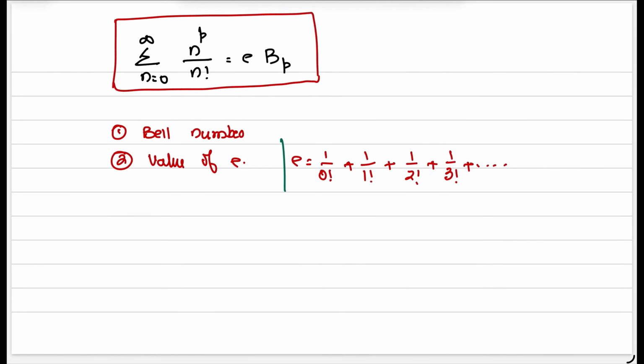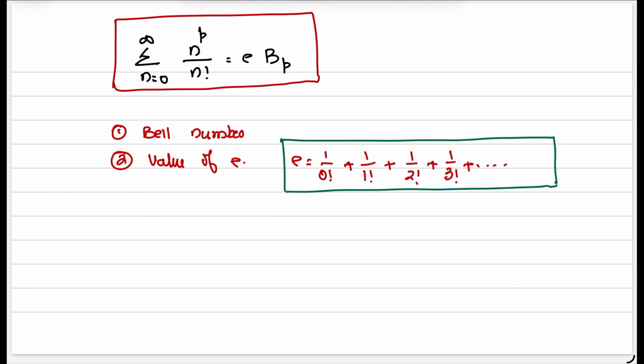Please remember this e value in series form. How have we got it? Please try to do this as homework and understand how we got the series of e. If you know how we got this value, then the other things are very easy to understand.